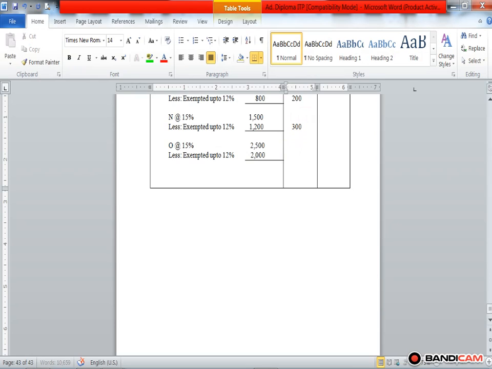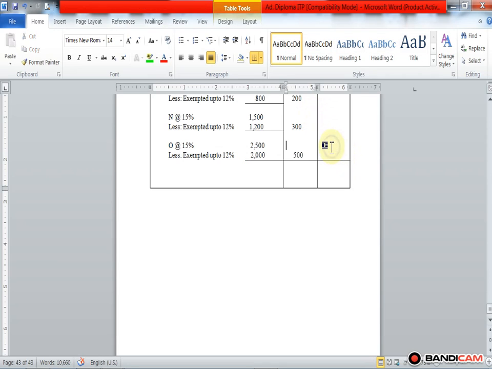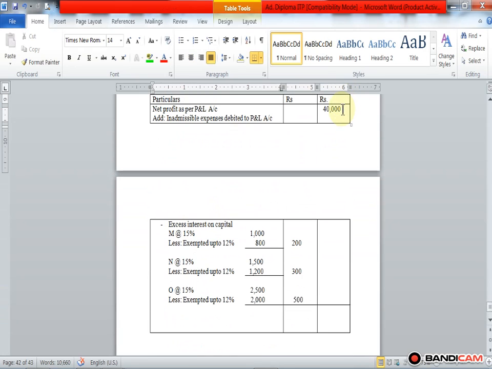Then we make a total of the inner column, 1,000, and this is added to the net profit of 40,000. So the total is 41,000.